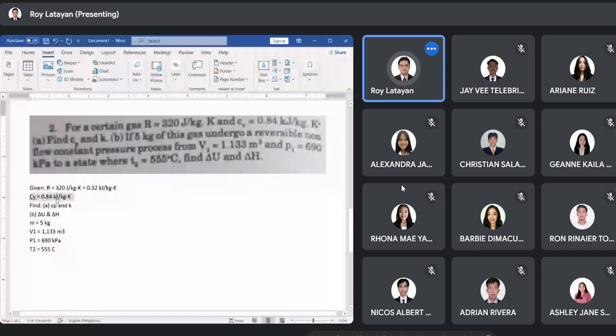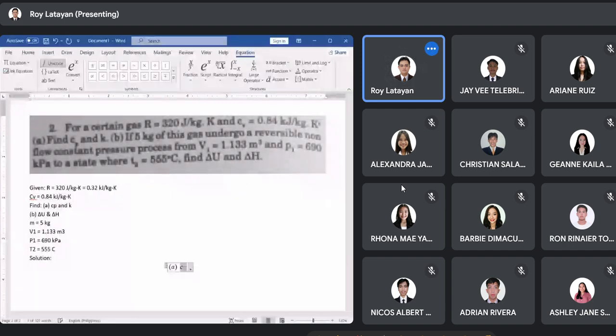So, for the solution, for letter A, pinapahanap is Cp. So, Cp is simply Cv plus R. Given tayo ng Cv na 0.84 kilojoule per kilogram Kelvin, mas maganda na ilagay mo yung converted.